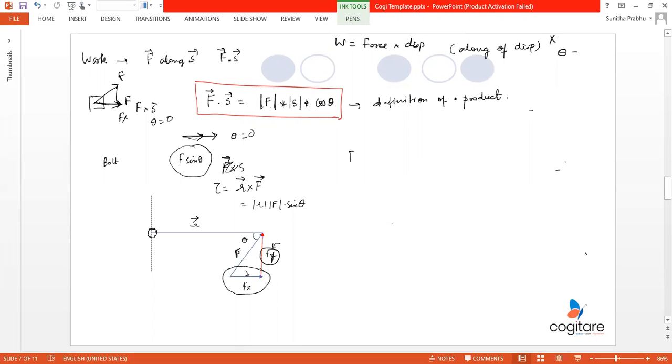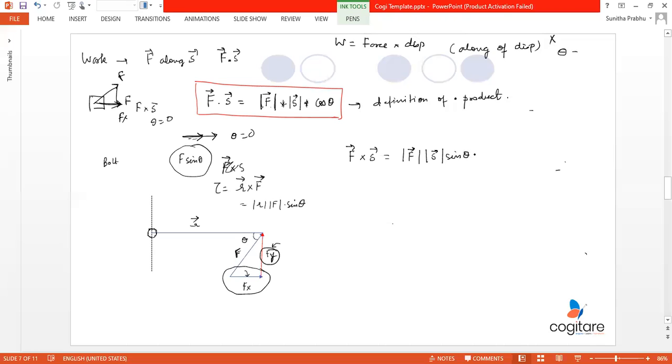I'm going to call F cross S as modulus of F. Here also I can put this, because F is a vector. It's just like A cross B here. Torque specifically is different. Here it is F S into sine of the angle between them.